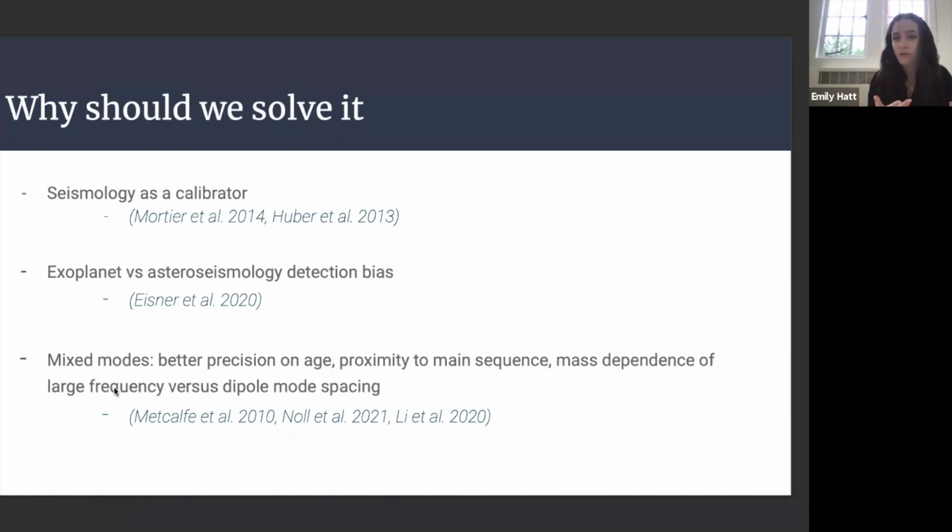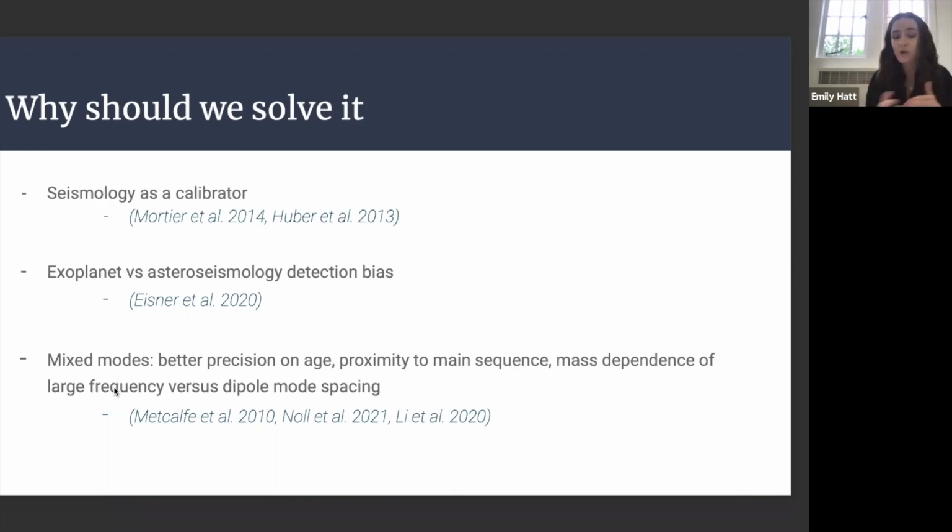As a star evolves off of the main sequence, its core is contracting and getting denser. That increases the Brunt-Väisälä frequency in the central region, which increases frequencies of gravity modes, but the outer layers are still expanding, which is decreasing the frequencies of pressure modes, and at a certain point those two modes can couple, and you get what's known as a mixed mode. So it's a mode that behaves like a gravity mode in the core, but a P mode in the outer envelope. So now we've got something that's sensitive to conditions in the core.